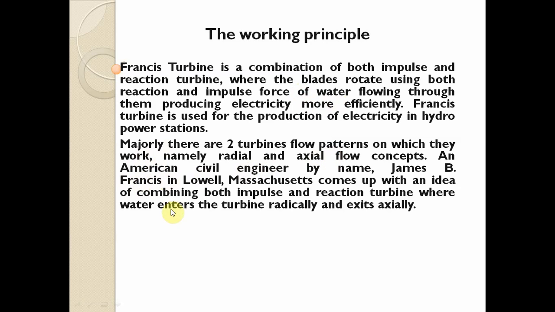An American civil engineer by name James B. Francis in Lowell, Massachusetts, came up with an idea of combining both impulse and reaction turbine, where water enters the turbine radially and exits axially.